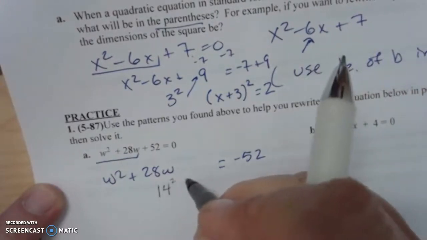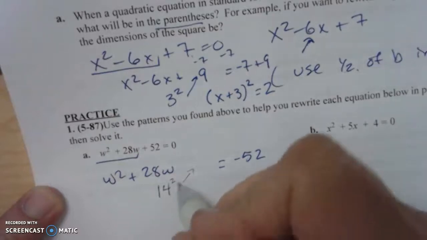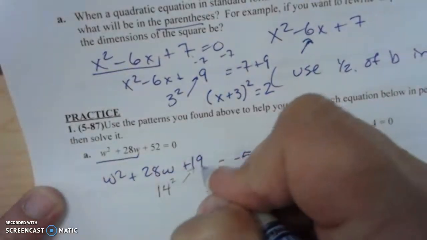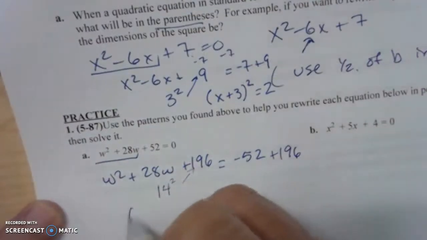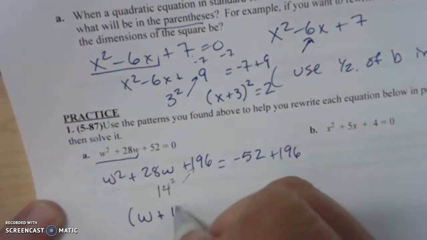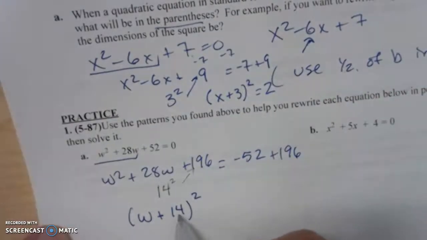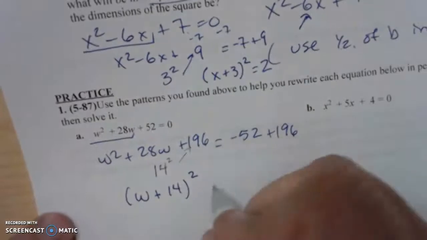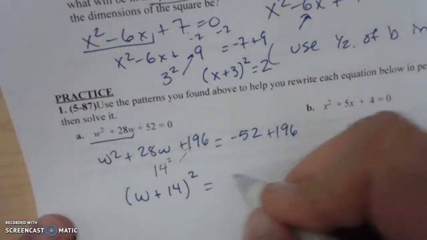So 14 squared is what I'm going to add there. 14 squared is 196, so I'm going to add 196 to both sides. So here we're going to get W plus 14 squared. That's my perfect square. I got that 14 because it's half of 28. Equals, and what is 196 minus 52? Let's see, 144.